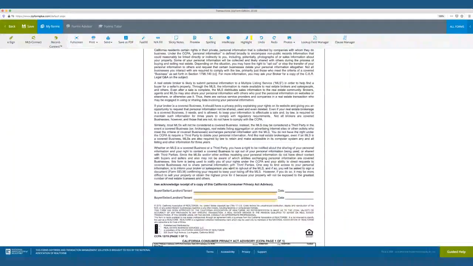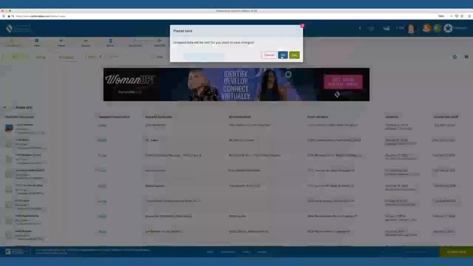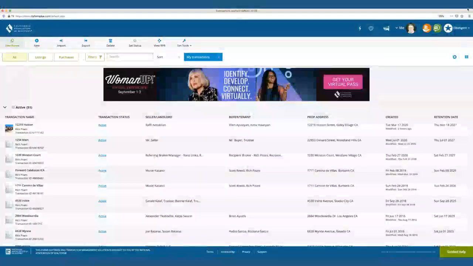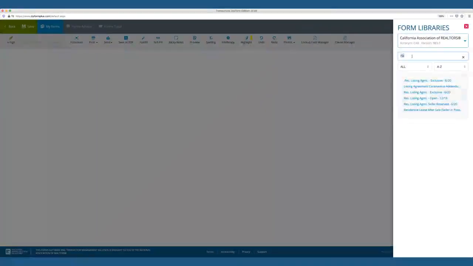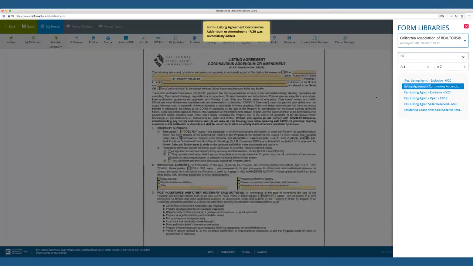So I did want to go over, in this time of COVID, what other things we had to add in regards to COVID.